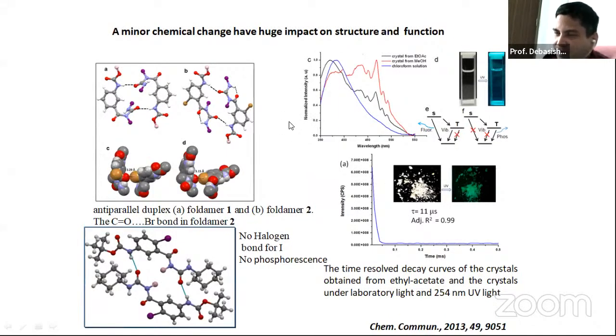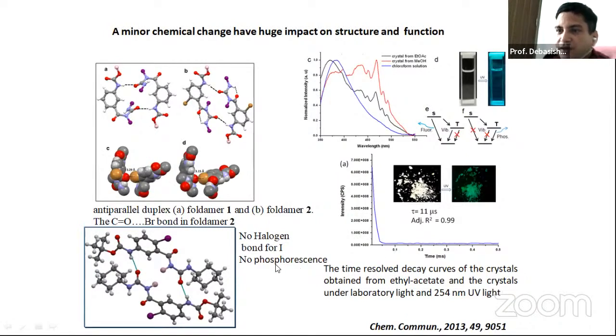So we have studied that phosphorescence property in solution and in solid state by different spectroscopic techniques in detail, and we found that this heavy atom effect, the incorporation of the bromine, is actually responsible for the phosphorescence property of this kind of polymer. And then we thought, okay, from hydrogen to bromine, we have got phosphorescence. So if we incorporate a heavier atom than bromine, let's say iodine, maybe the phosphorescence property will increase more, and maybe we will get phosphorescence for a longer time.